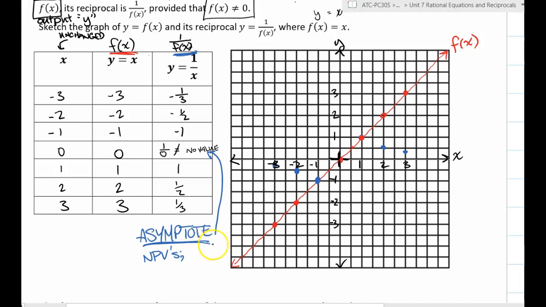And where x does not exist. So the symbol for existing in math is a backwards E like this, and we can put a line through it. It doesn't exist.